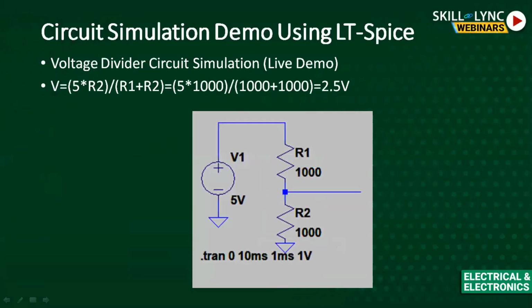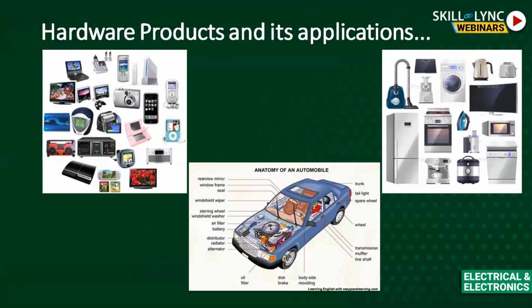So moving on next. These are, I think, hardware products. I think most of us know. On the left-hand side you see a lot of consumer products like mobile phones and laptops, and in the middle you see the automotive domain, a car, and there are a lot of hardware products like sensors and actuators used in the car, like pressure sensors, temperature sensors, throttle position sensors, and accelerator pedal sensors.